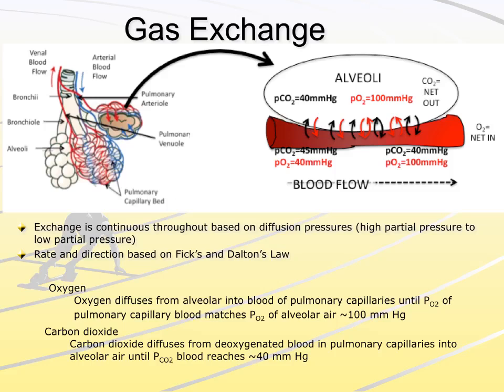Oxygen is going to diffuse until we get about 100 millimeters of mercury pressure. Carbon dioxide will diffuse until we get about 40 millimeters of mercury pressure in terms of equilibrium.